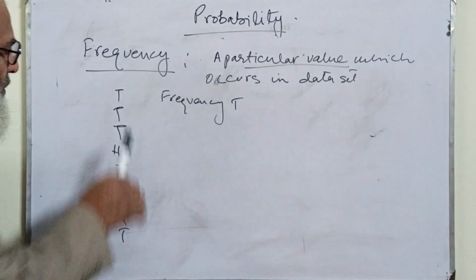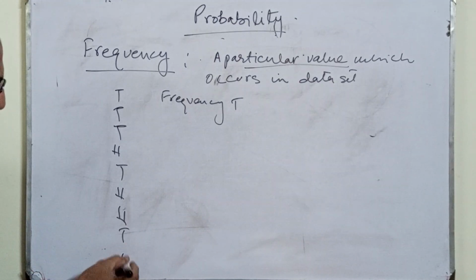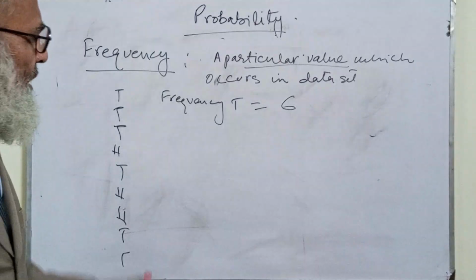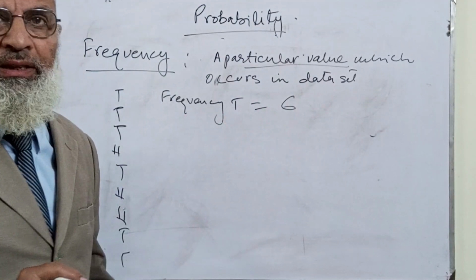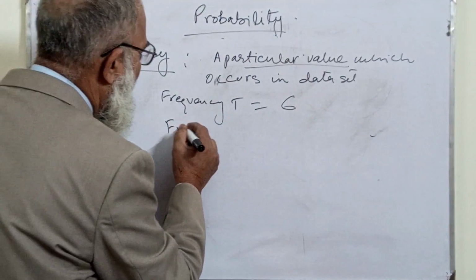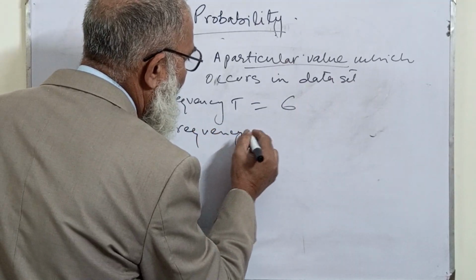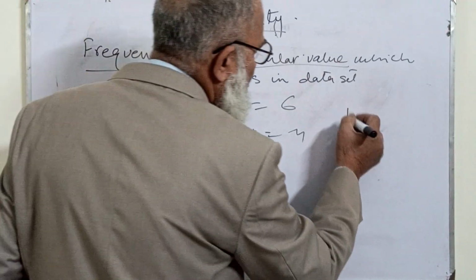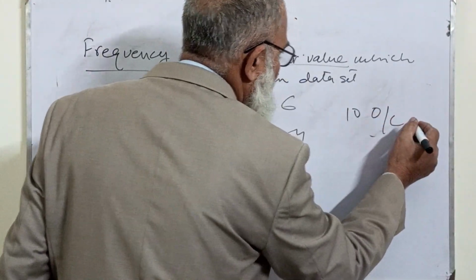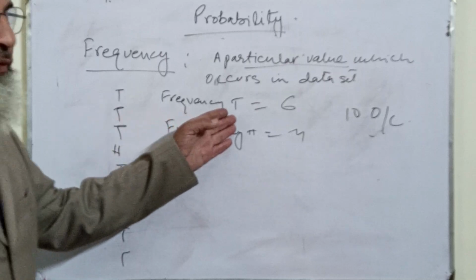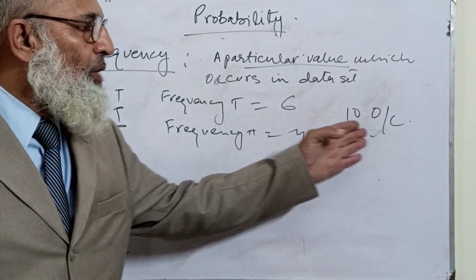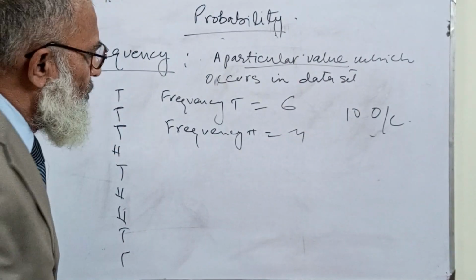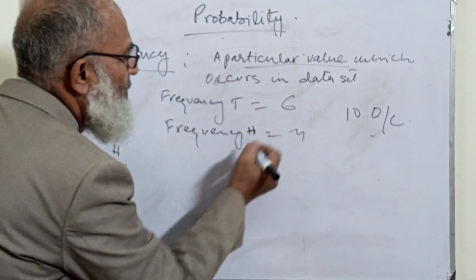In the 10 outcomes, it was 6 in my first experiment. Frequency of tail was 6, and frequency of head was 4, out of 10 outcomes.